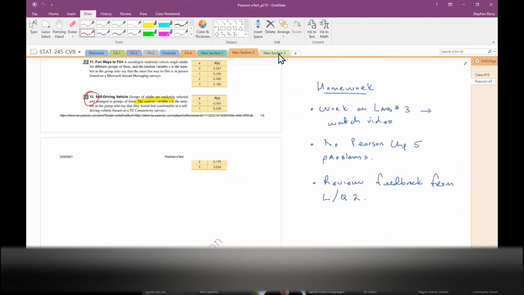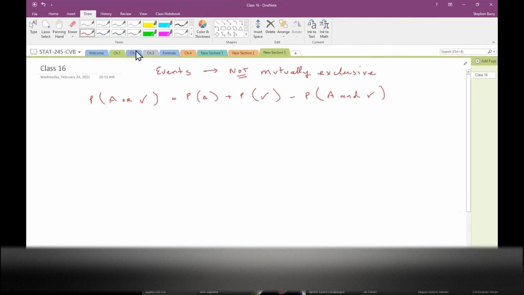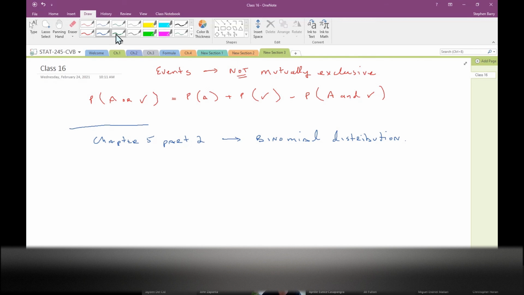Let's talk about part 2 of this chapter, which is the binomial distribution. And as you can probably tell from the word binomial, it means 2 outcomes are possible, only 2.